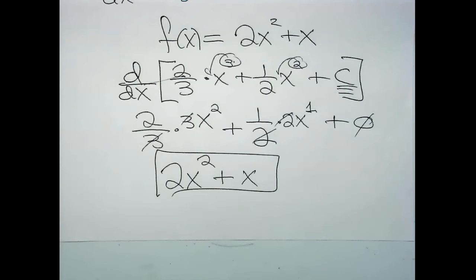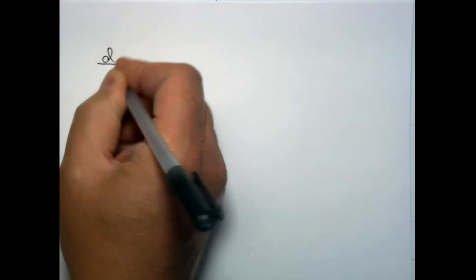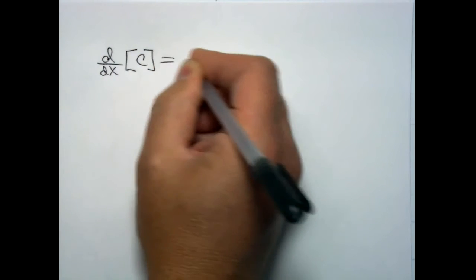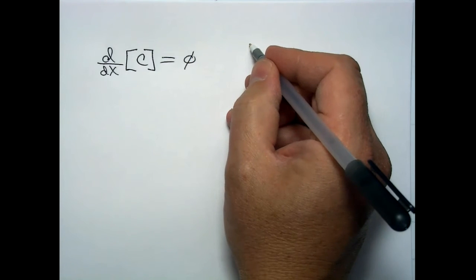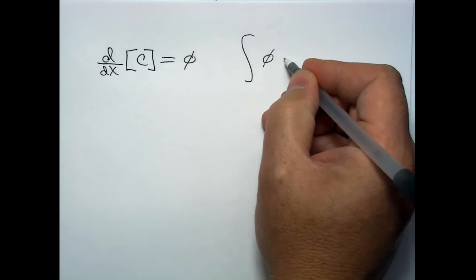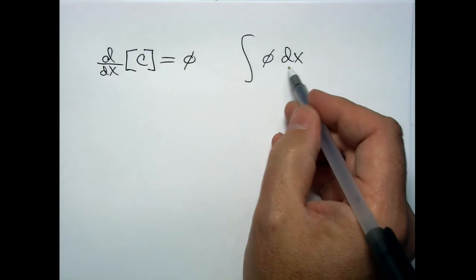A couple of rules of integration. The first important rule is this. Since the derivative of a constant is 0, we're going to go backwards now, using the antiderivative symbol on 0. And remember, guys, you always do need a dx, a d-independent variable.